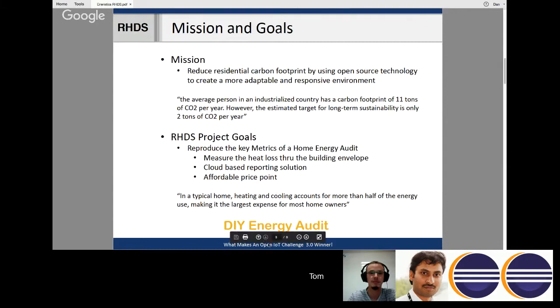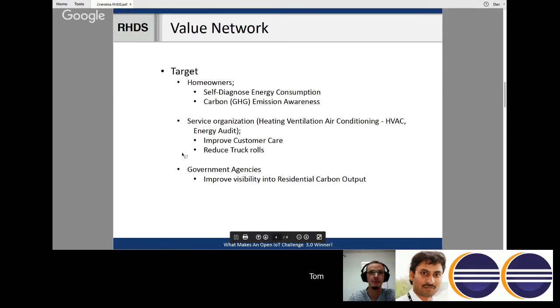And so who we're doing this for is homeowners, giving them the ability to self-diagnose energy consumption and thereby lower their carbon emission output. We also see value for service organizations like heating, ventilation, air conditioning companies, and energy auditors, where they can, with the system, peer into a residence and help provide better customer care for that environment, and reduce truck rolls, which is also good for the environment, because they can diagnose over the internet using the cloud as a means to view the data.